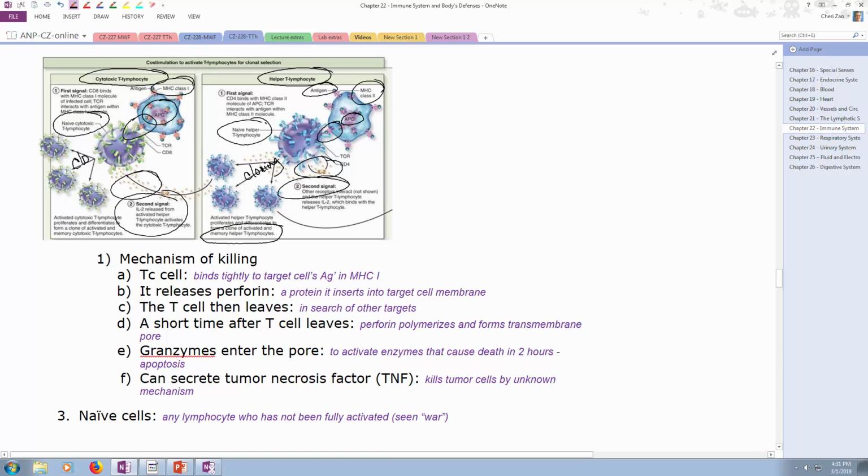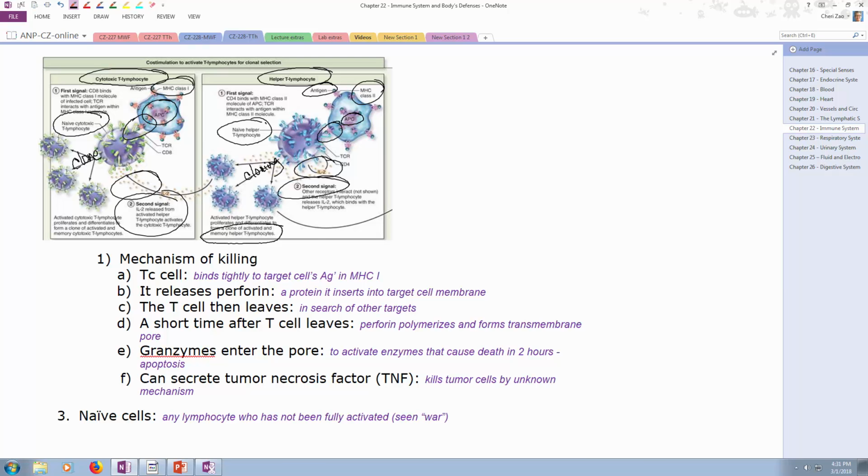So again, we get cloning, and we will clone into activated cytotoxic T cells and memory T cells. And so our lymphoid organs are full of T helper cells with memory and cytotoxic T cells with memory. Because the more co-stimulation you give, the better cloning and the faster action you get.